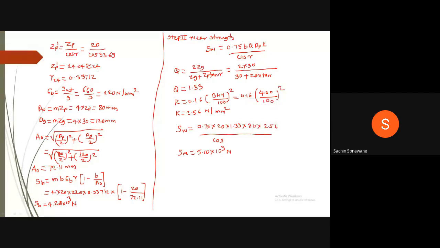The value of gamma is 33.69. Therefore, 33.69 divided by 2.